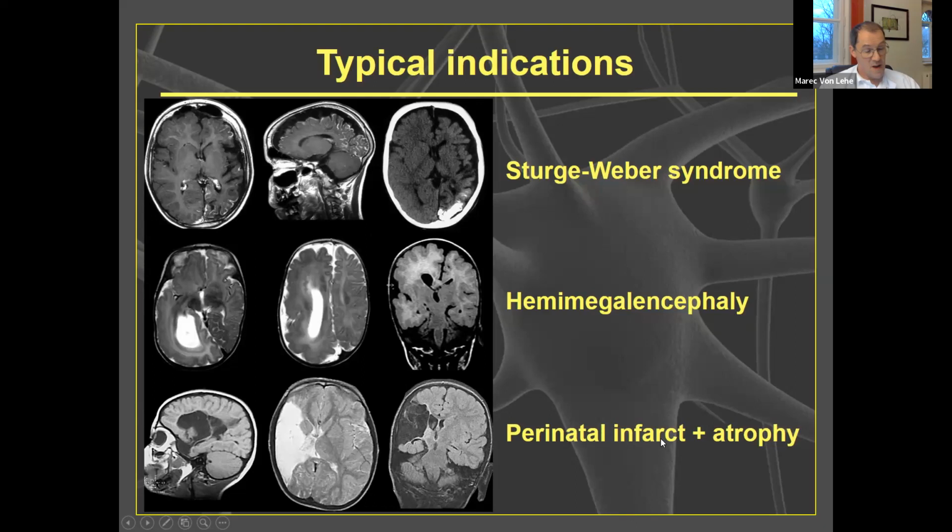And with these patients, these are quite frequent conditions, with infarction of the MCA and a large porencephalic defect and an atrophy of the affected hemisphere. So these are the typical indications. There's some more, like Rasmussen's encephalitis and large dysplasias of one hemisphere, but mainly we have quite a circumscribed group of patients that we think about.